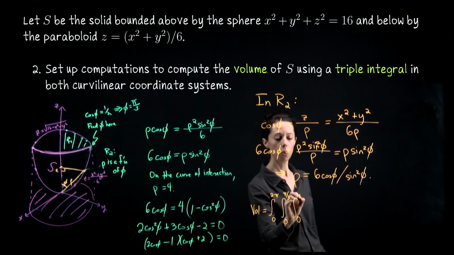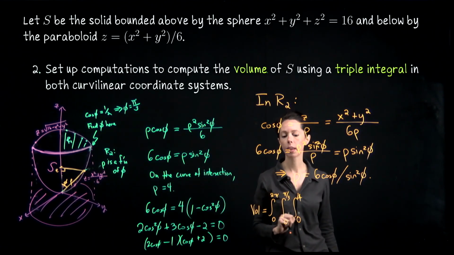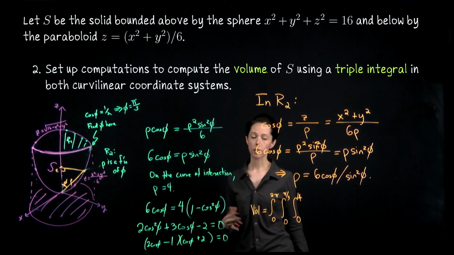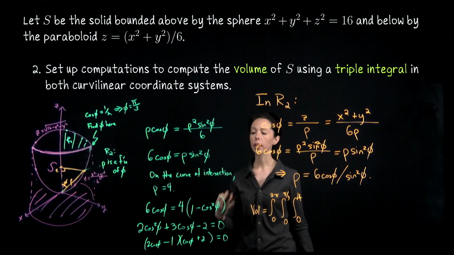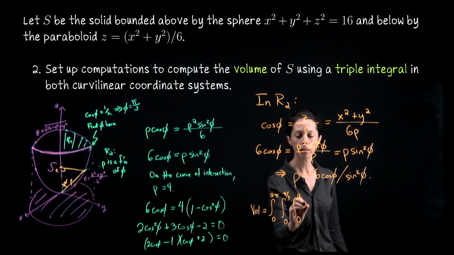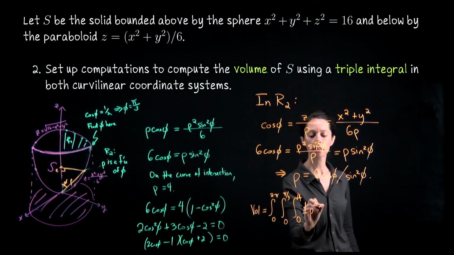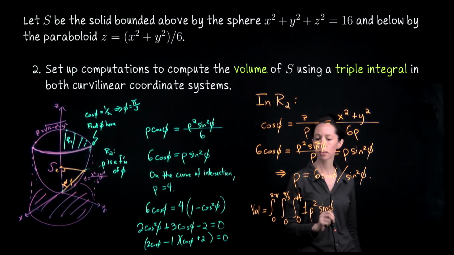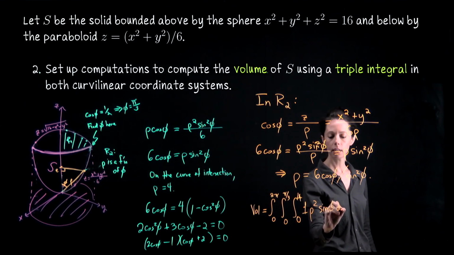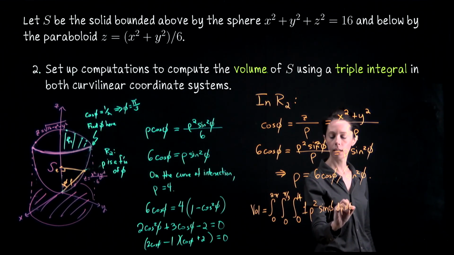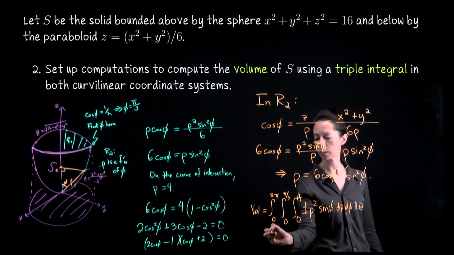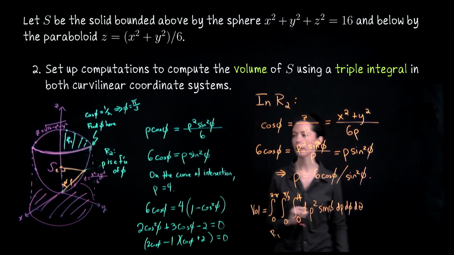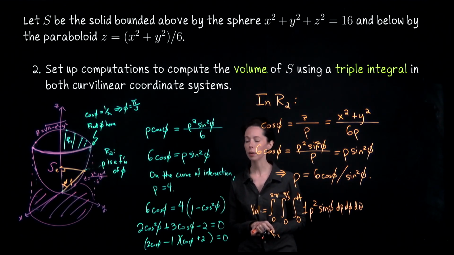So it's 0 to 4. The integrand is 1 because we're doing a triple integral to compute a volume. But then we need to pick up rho squared sine phi. That's the conversion from rectangular to spherical coordinates. And then the way I ordered this, it's d rho, d phi, d theta. Okay, so this is the R1 computation. That's the one that was a lot easier to describe.